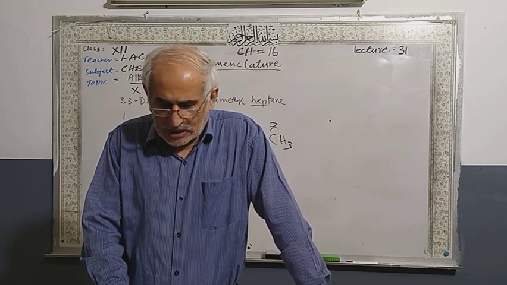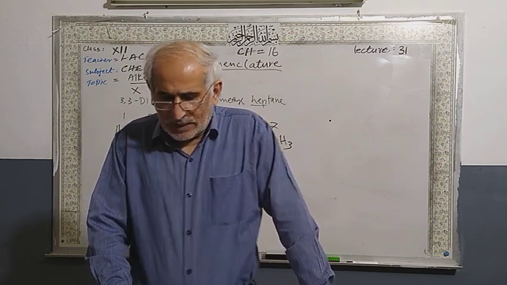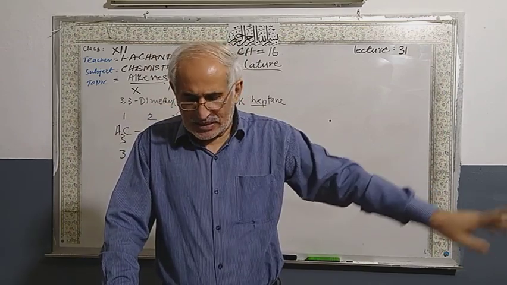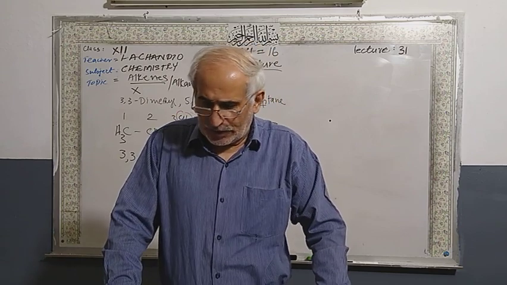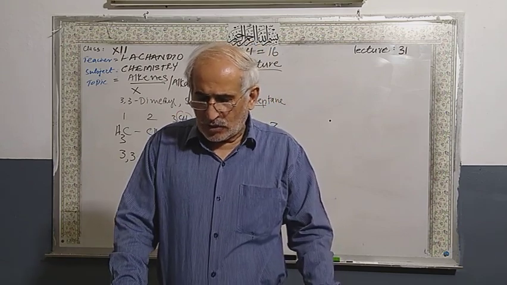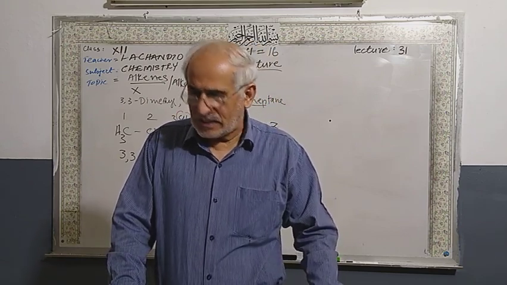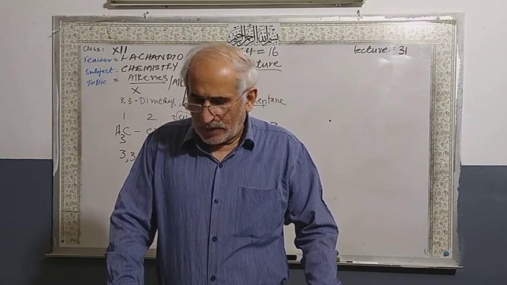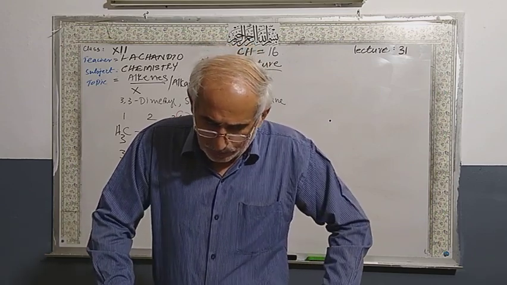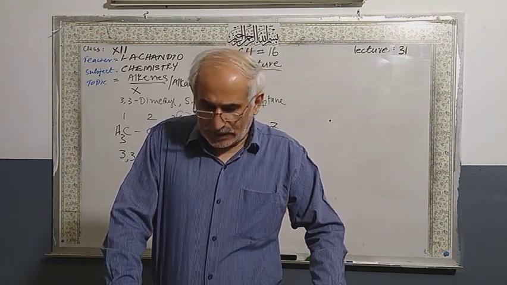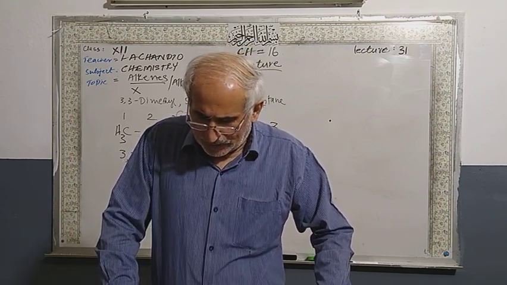But if you write isobutane, when the branch is there, the straight chain is decreased. The straight chain before was 4, now it is decreased to 3. So definitely the melting point is going to be decreased, minus 161, and the boiling point also decreased, minus 10.2 degrees Celsius. Pentane has three isomers: n-pentane, isopentane and neopentane.